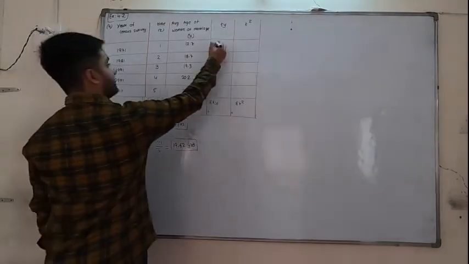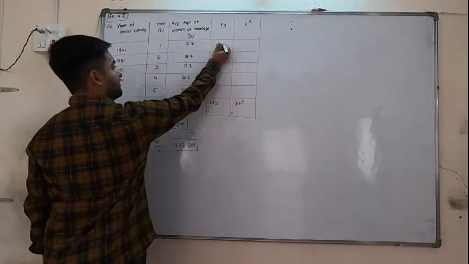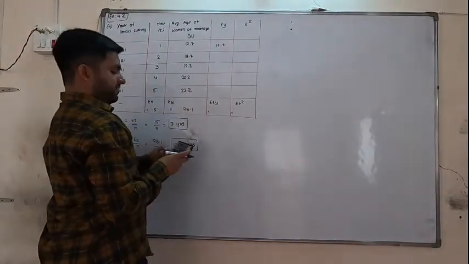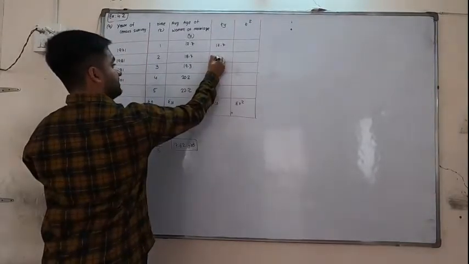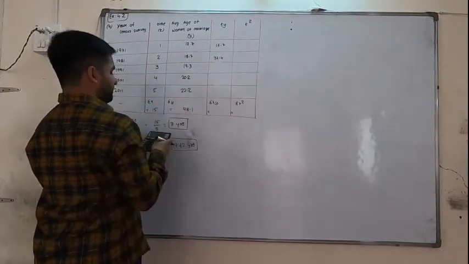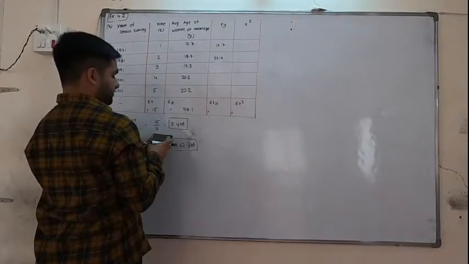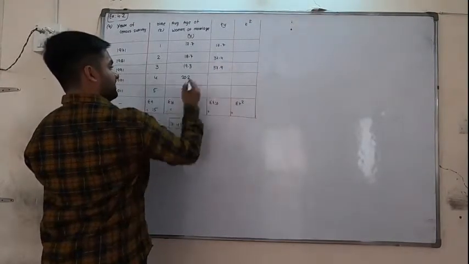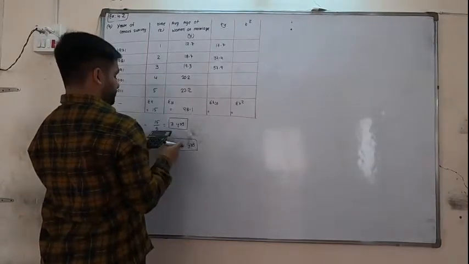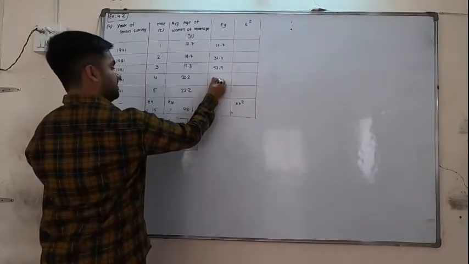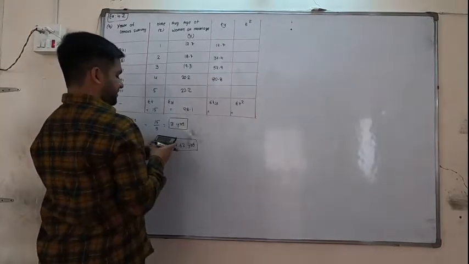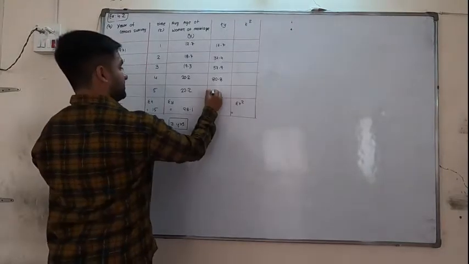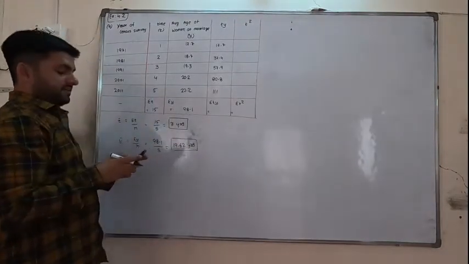Okay, now ty: 17.7 into 1 is 17.7, 18.7 into 2 is 37.4, 19.3 into 3 is 57.9, 20.2 into 4 is 80.8, 22.2 into 5 is 111.